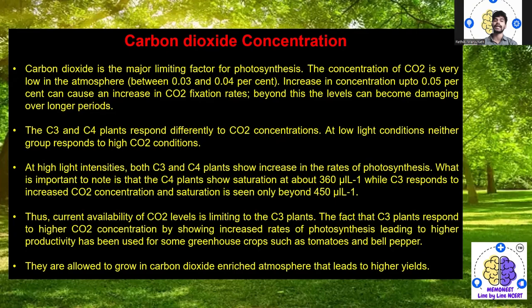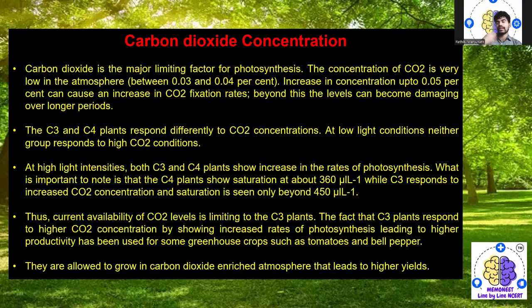At high light intensity, both the C3 and C4 plants show an increase in the rate of photosynthesis. What is important that we need to note is the C4 plant shows saturation at around 360 microliter per liter, while the C3 responds to the increase.